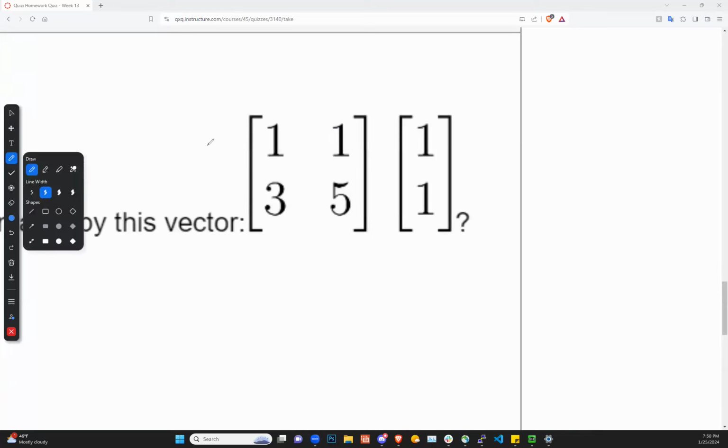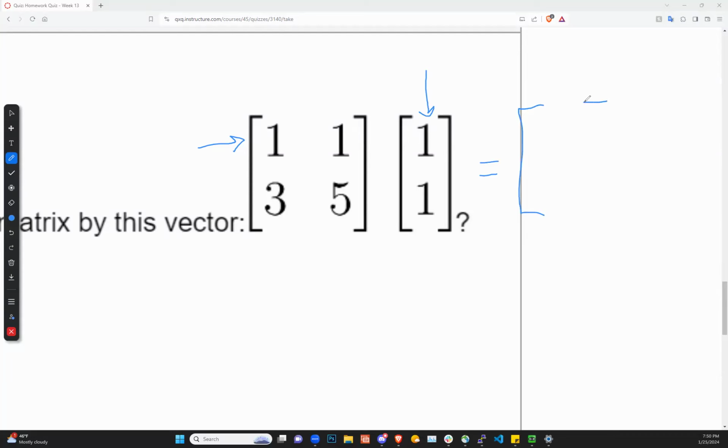Okay, so across this top row here, I'll multiply down this column. And if I'm multiplying across the top row of the matrix, then I'm solving for the top number in the vector. So I take this first number in this row and multiply it by the first number in this column. So I get 1 times 1. And I add that to the second number in this row times the second number in the column, which is again 1 times 1.